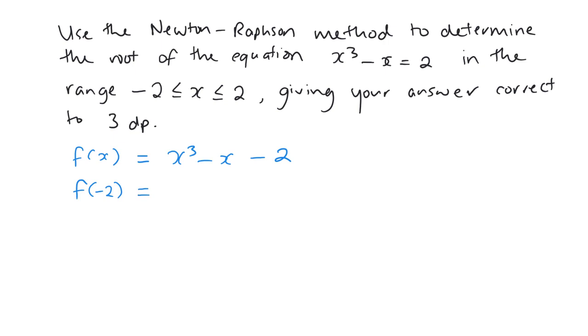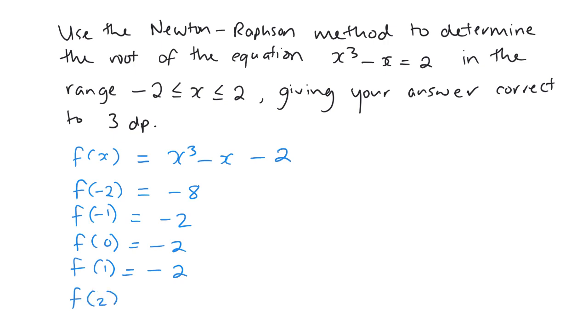So f of minus 2, putting that into our f of x, we get minus 8. F of minus 1, we get minus 2. F of 0, we get minus 2. F of 1, we get minus 2. And f of 2, when we put 2 in, we get 4.